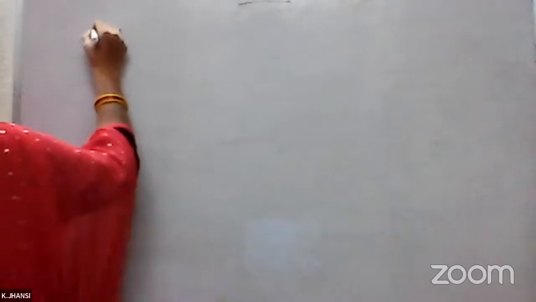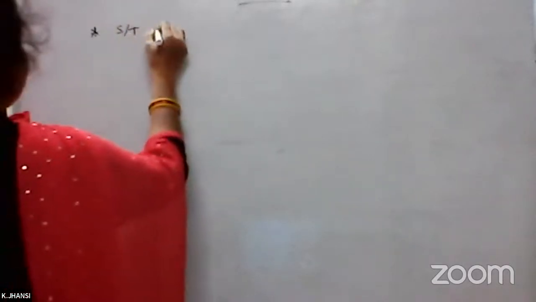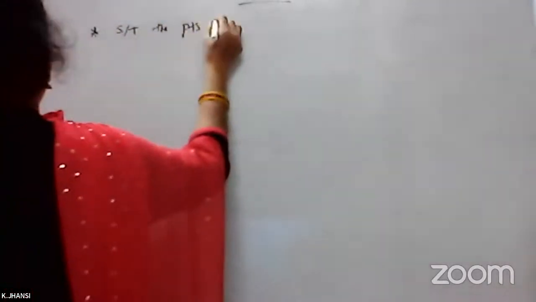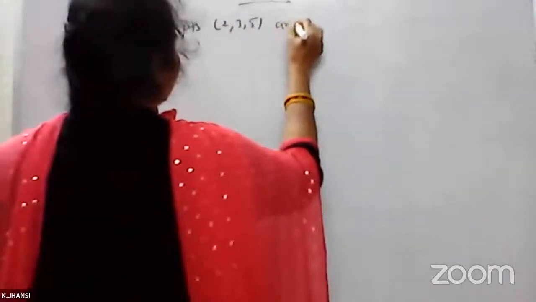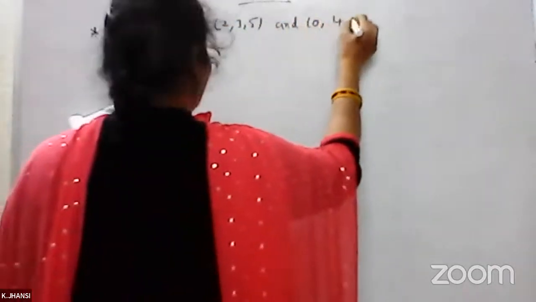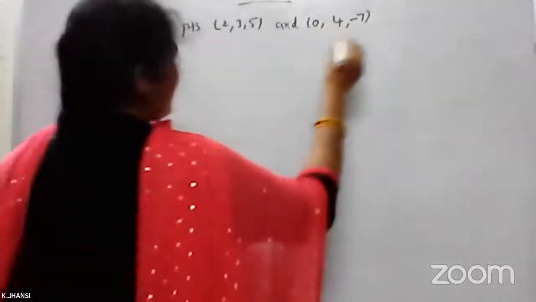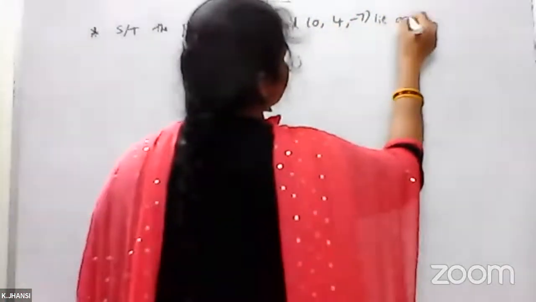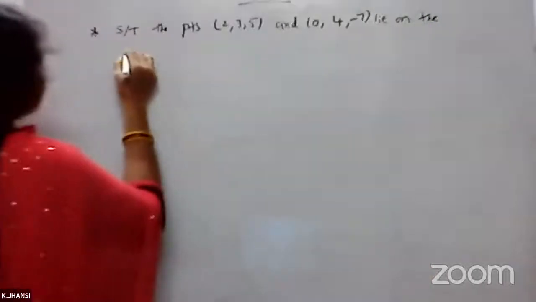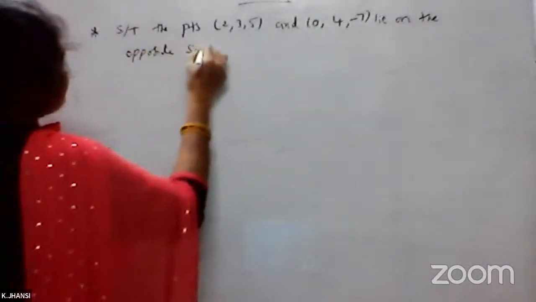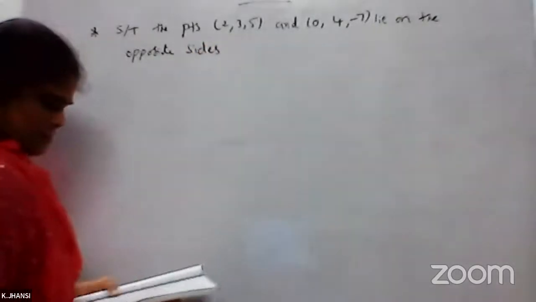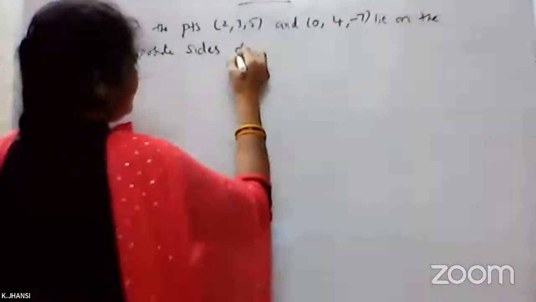Show that the points (2, 3, 5) and (0, 4, minus 7) lie on the opposite sides of the plane.